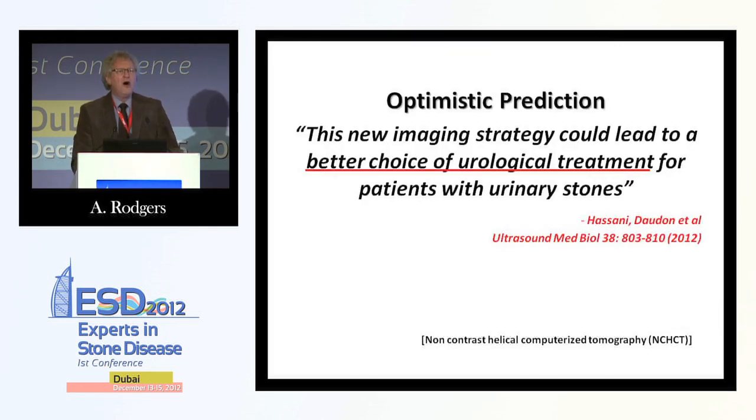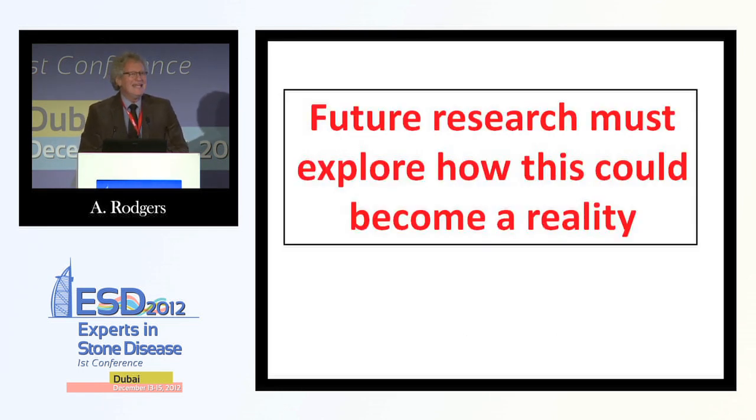And there are optimistic predictions in the literature by the groups that use this non-contrast helical computerized tomography, that this new imaging strategy could lead to a better choice of urological treatment for patients with urinary stones. Well, that is optimistic, but future research needs to explore how this could become a reality. So there is a lot of interest as far as that's concerned.